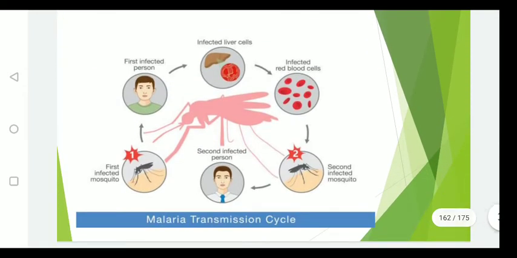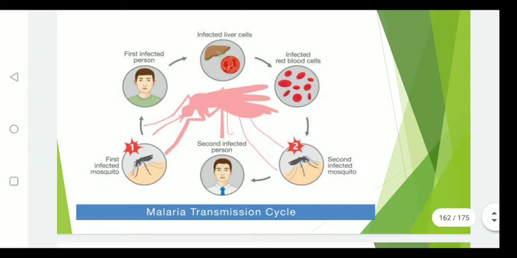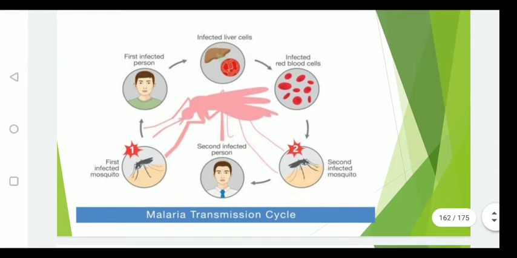We'll see the malaria transmission cycle. Here the first infected mosquito bites a healthy person, who becomes the first infected person.